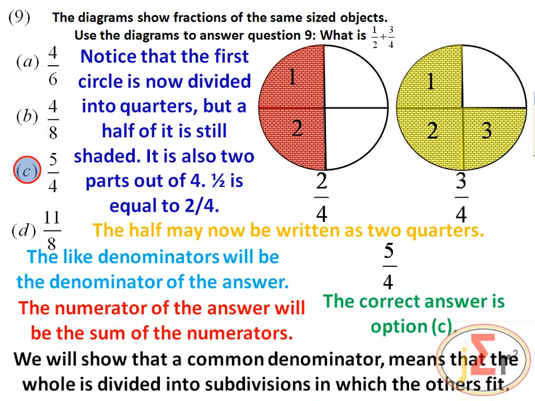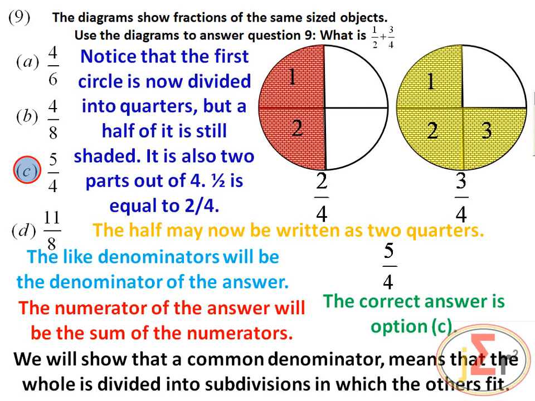We will show that a common denominator means that the whole is divided into subdivisions in which the others fit. So what do we mean by a common denominator? It means that the whole is divided into subdivisions in which the others will fit.